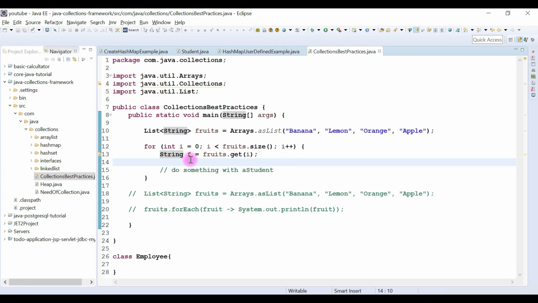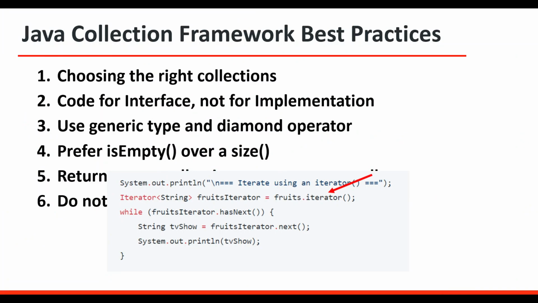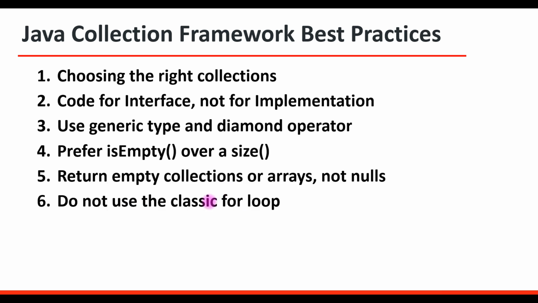So it's always recommended to use the iterator to iterate over collection elements. For example, ArrayList, HashSet or HashMap have their own iterator, so you can use the iterator to iterate over a list of elements. So always try to use an iterator or enhanced for loop. Don't use the classic for loop.